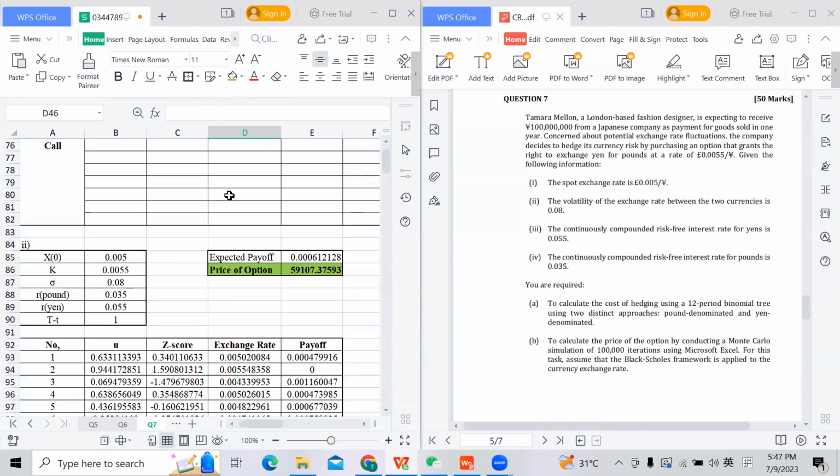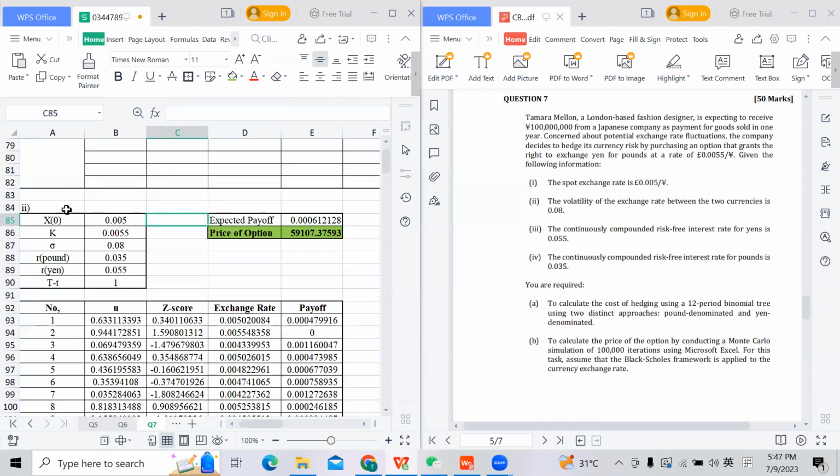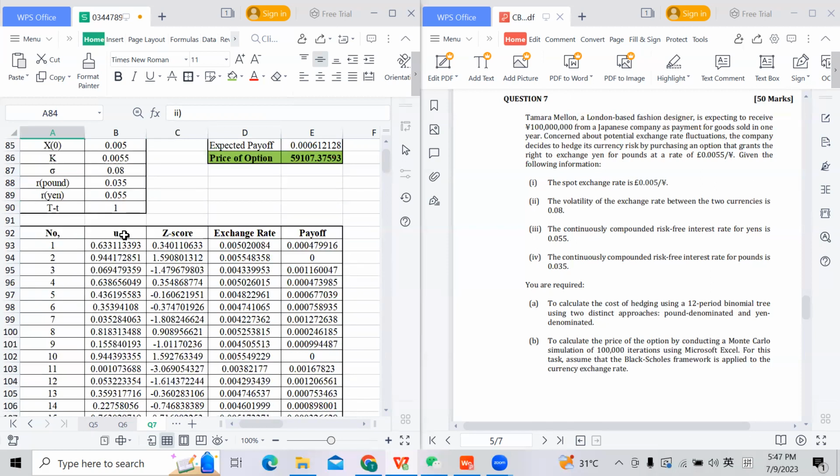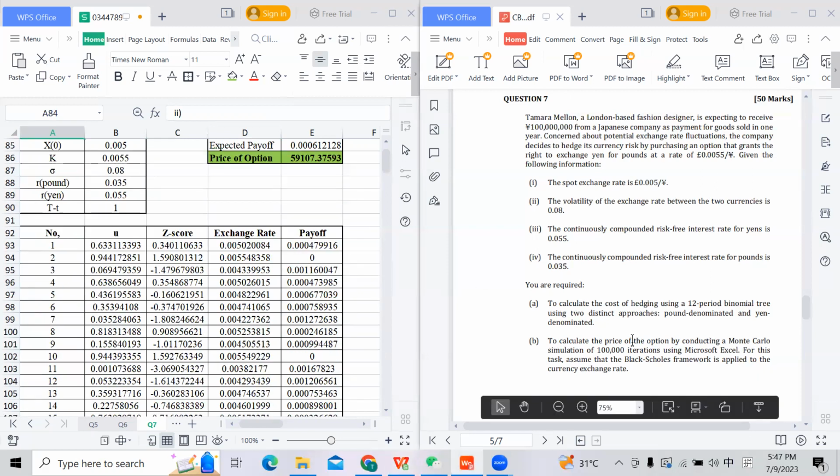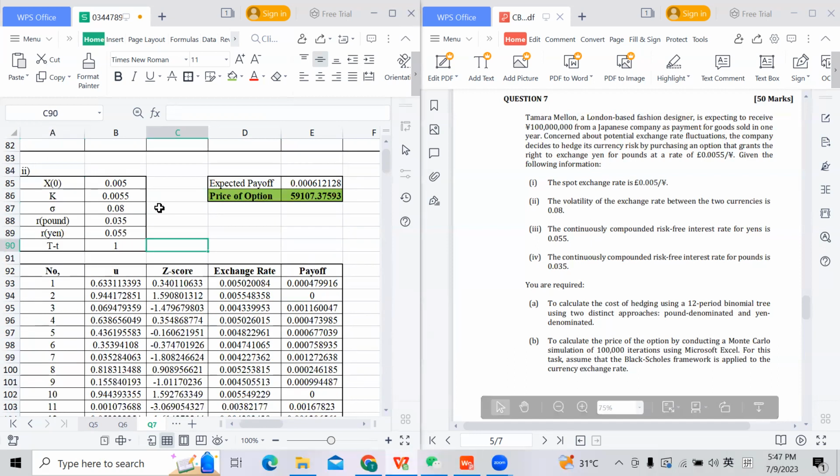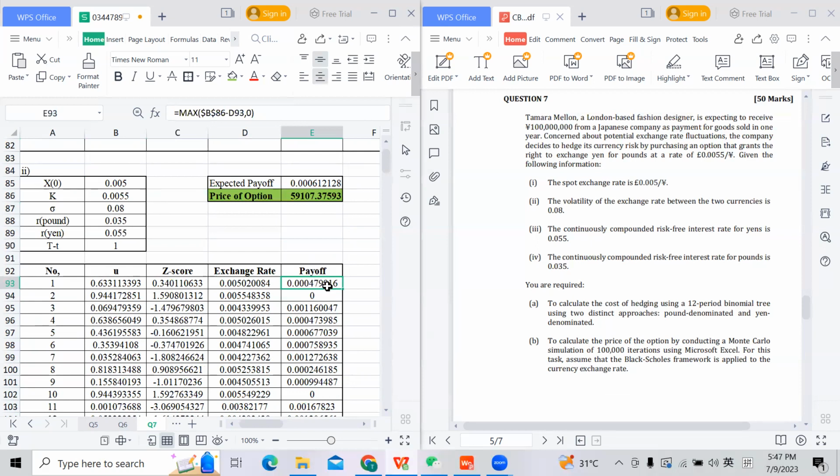Okay, so next we look at part B. Part B asks us to calculate the price of the option by conducting the Monte Carlo simulation of 100,000 iterations using Excel. So I'm using the put option, so using the pound denominator.